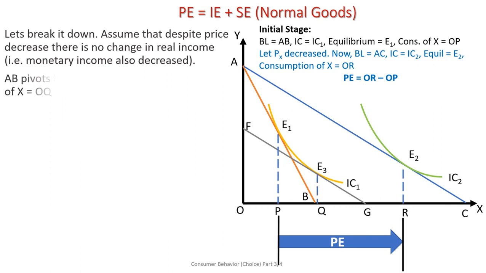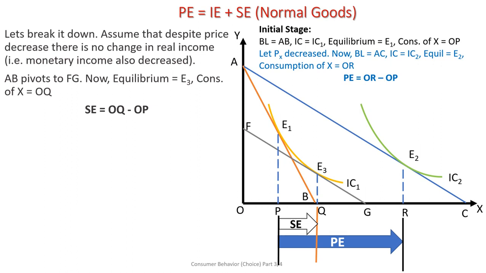That is, the budget line AB will pivot to FG, and the new budget line FG will be tangent to the old indifference curve IC1 at point E1. The consumer is now consuming OQ quantity of commodity X. Therefore, the substitution effect is from OP to OQ, that is OQ minus OP.